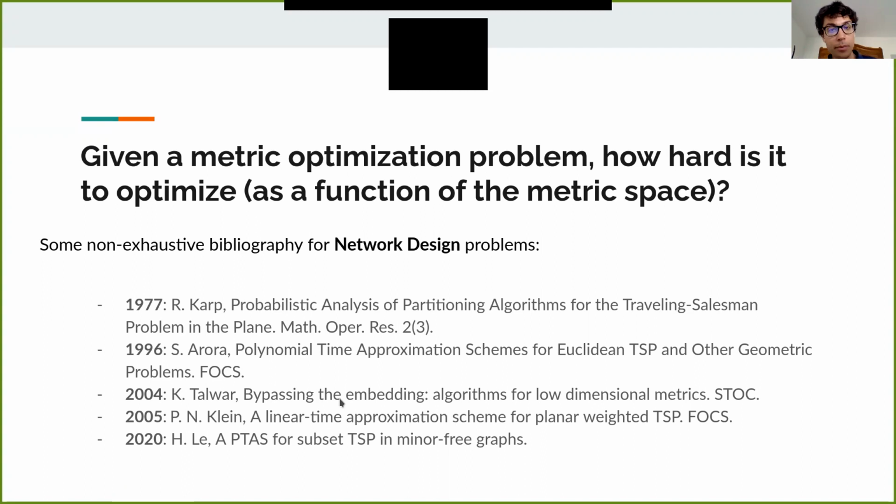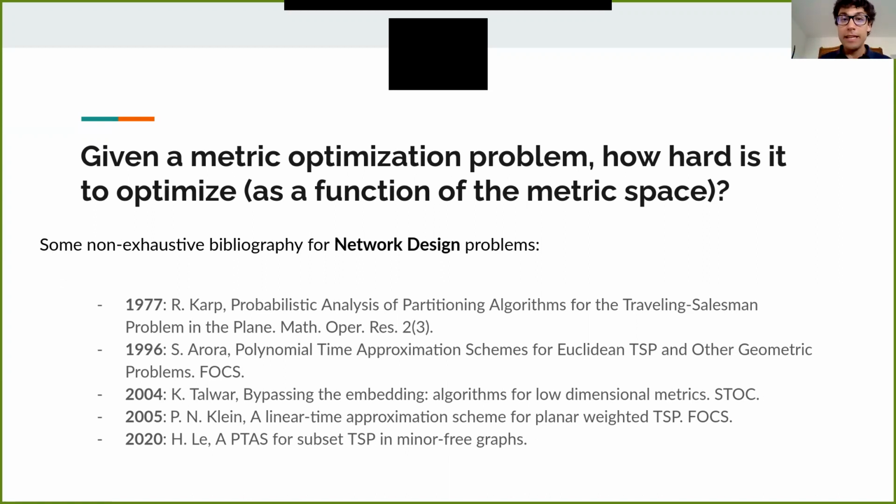one very nice step after that was the result by Kunal Talwar, who showed that you can actually bypass the embedding, the actual embedding in the Euclidean space, the actual location of the points. You only need that you cannot pack too many balls of radius half in a ball of radius 1 in low-dimensional space.